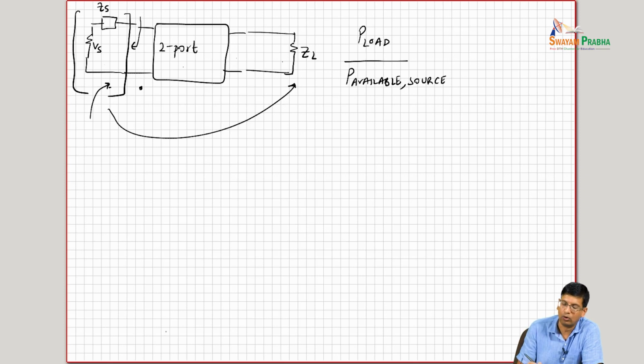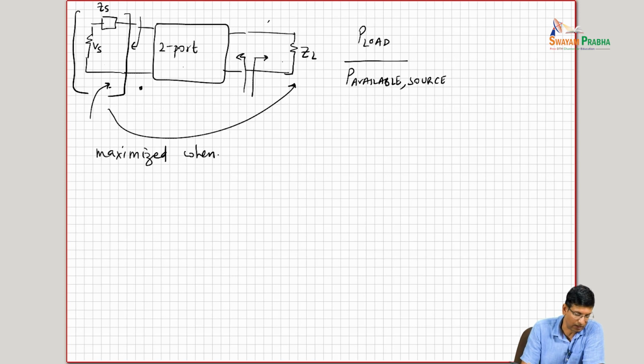And on the load side, I should again conjugate match these two so that I'm able to extract as much power as I can from the output. So this is sort of maximized. My gain is maximized when I am conjugate matched at input and output.